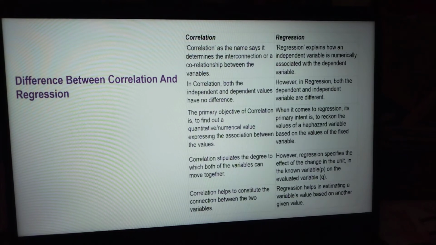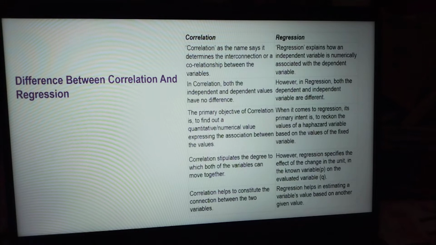Okay. But whenever you learn about regression analysis, you must first consider what will be the dependent variable and what will be the independent variable. And in correlation, we find the numerical value, which is the correlation coefficient, which gives the idea about how the relationship between variables is going to be.